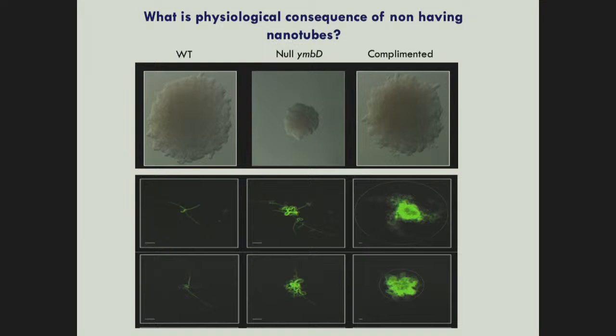Then there was a question whether we can follow them from a relatively low cell density. For that we took the strain, labeled YmdB, and followed it. And there was one more observation that we found.